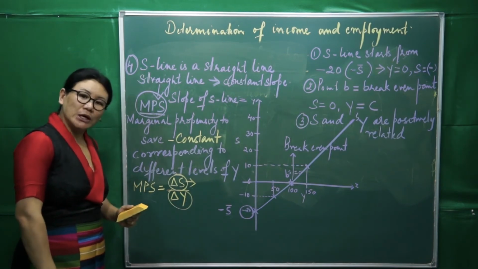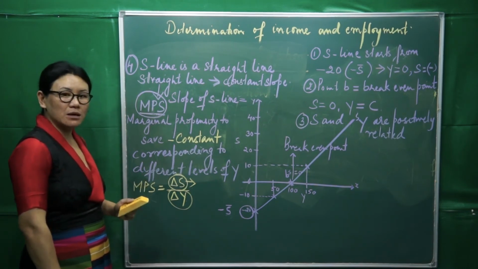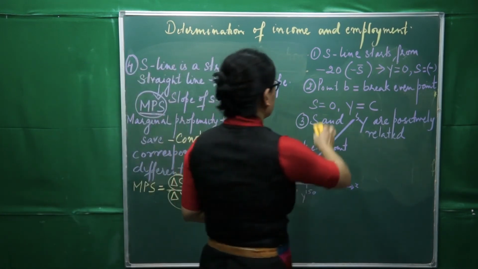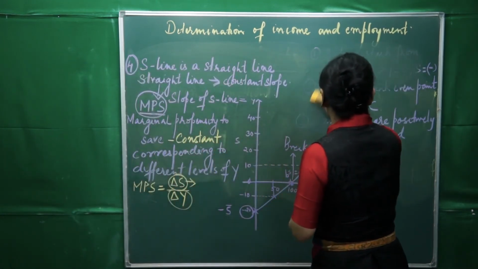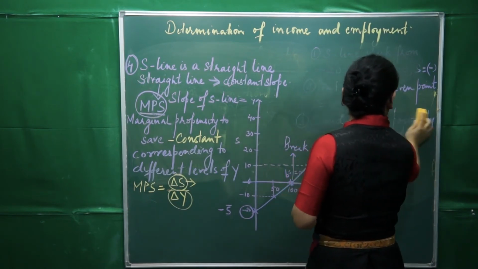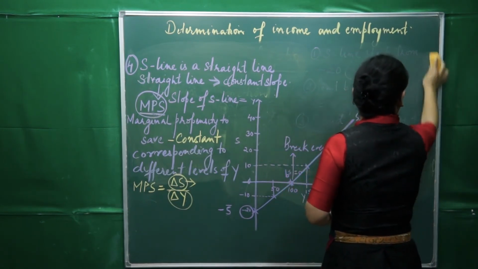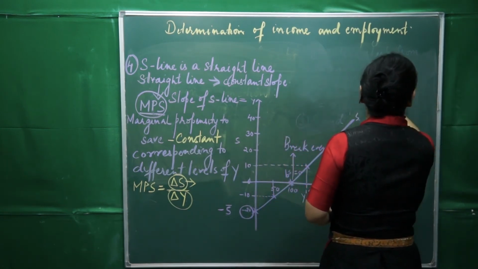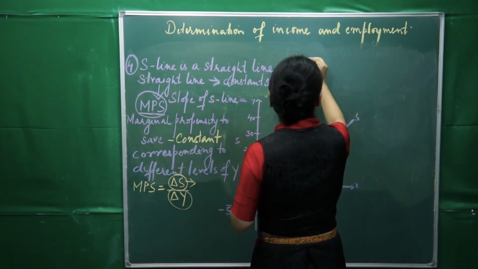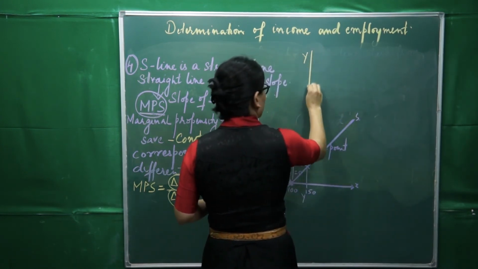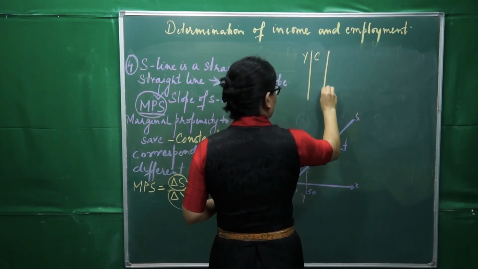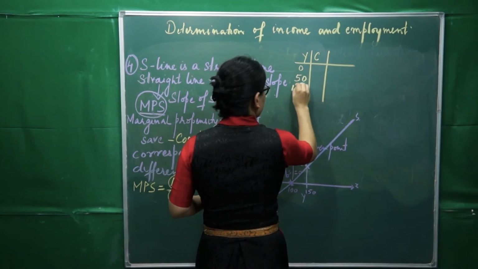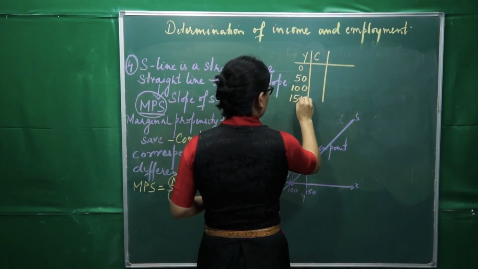Now let us see whether we are getting a constant MPS or not. So again, I will be using the same schedule, and we will calculate MPS. I've done it like this, Y and C. Y: 0, 50, 100, 150.